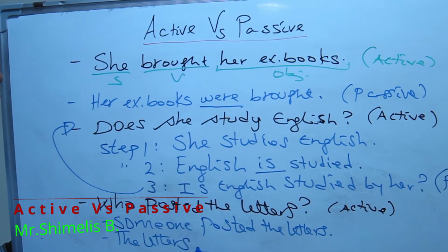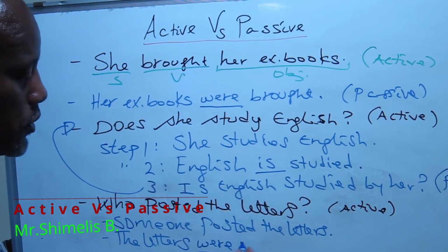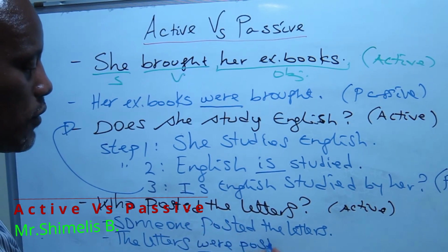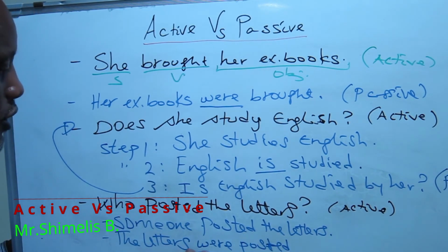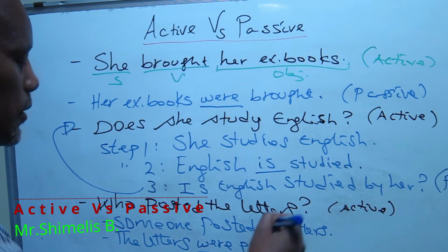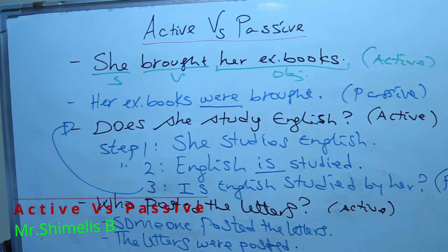So past form and plural form of verb to be would be were. The letters were, and the past participle form of posted is posted because it is a regular verb. The letters were posted by someone, but the letters were posted. That is enough for us.